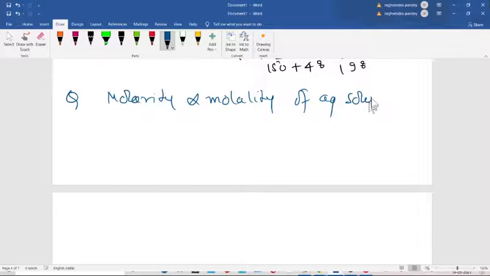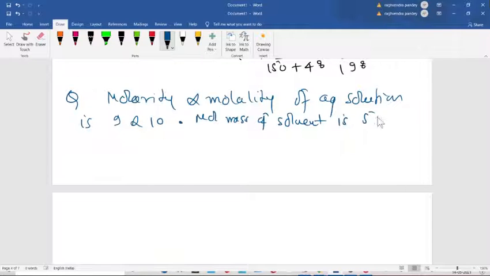Then the molecular mass of the solvent is 50. What is the density of the solution?